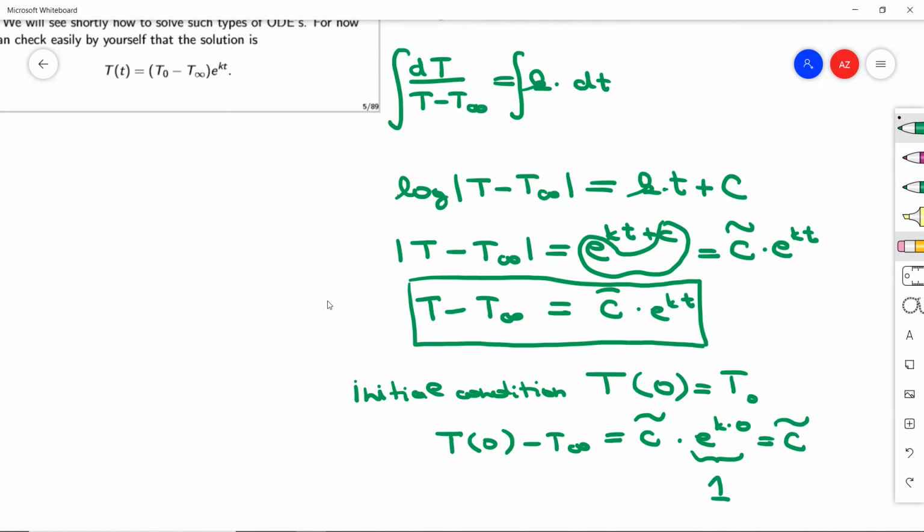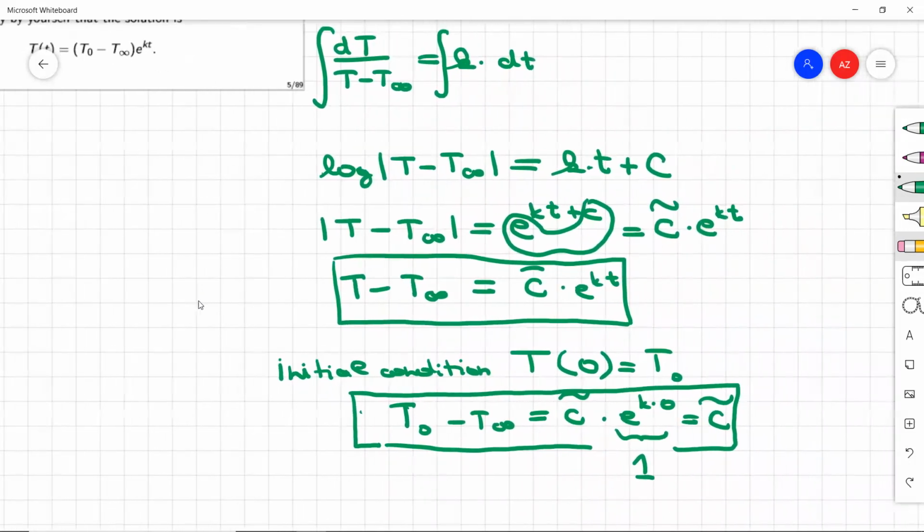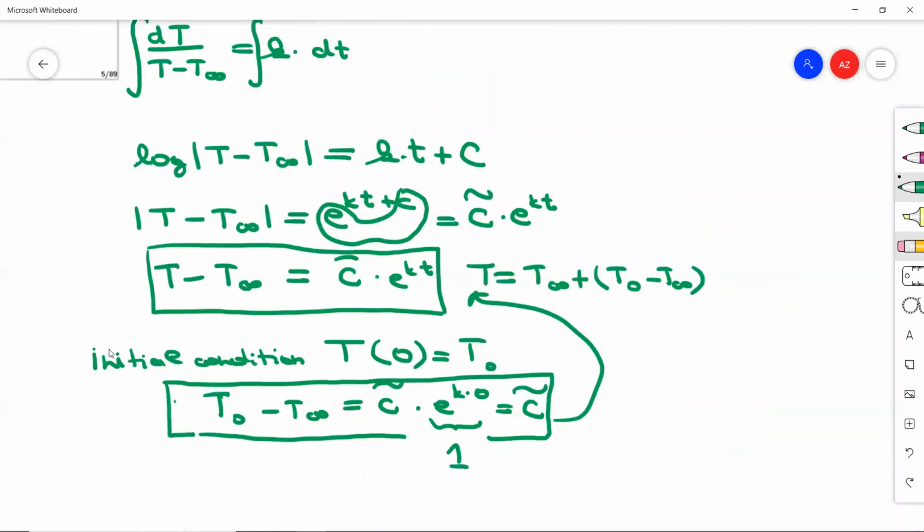So C tilde is exactly the temperature at time 0, which is T0, minus T infinity. So what we get is T is then T infinity plus T0 minus T infinity times e to the power of kt.